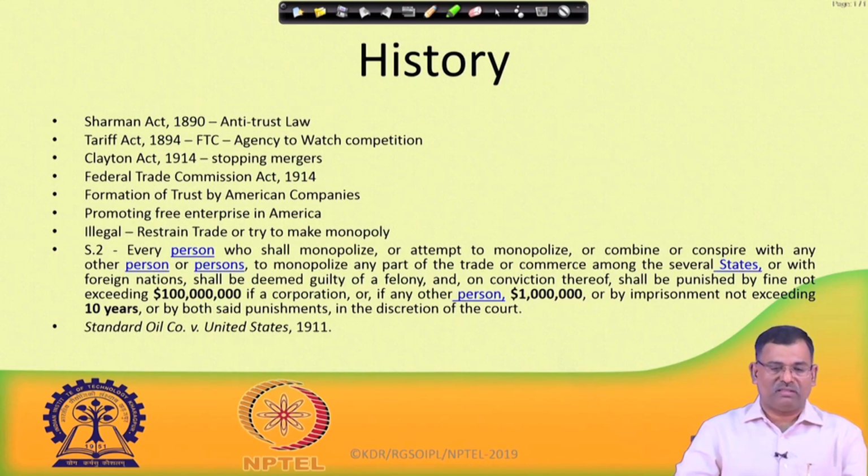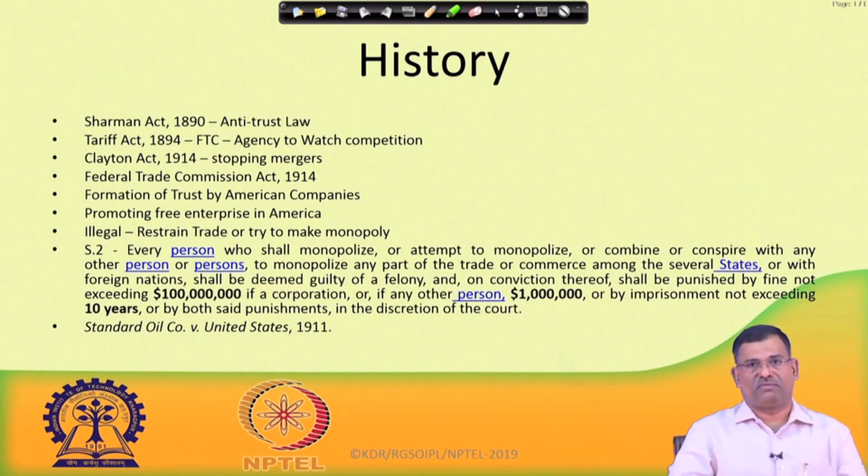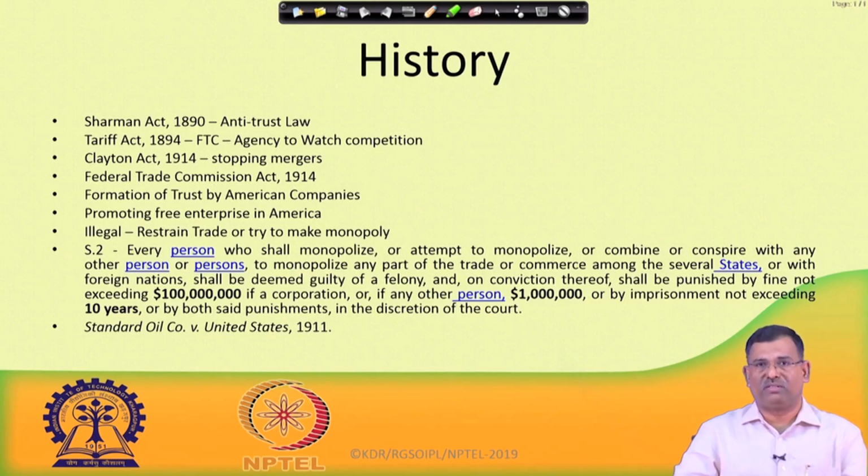So, you can see the formation of trusts by the American companies, for massive wealth, massive wealth was carved out. By this particular law, we can say that this is the authentic new generation competition law, which was passed for the first time in the United States.